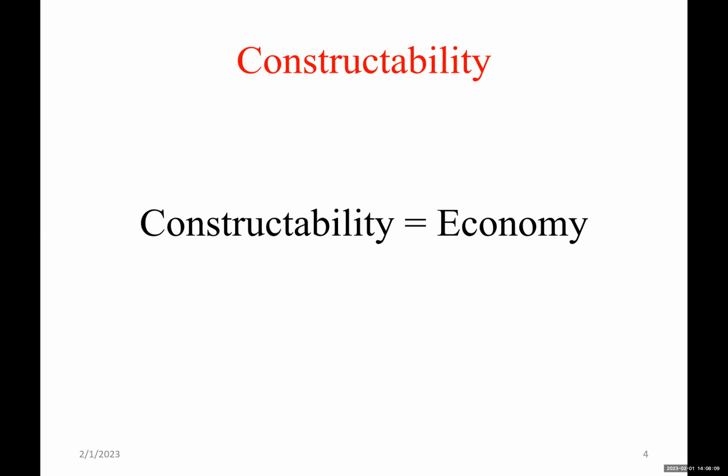So constructability is economy. So when you are designing a connection, or in general even members, about what's the direction of the framing, and we'll talk about these things today, but think about how they're going to build it.